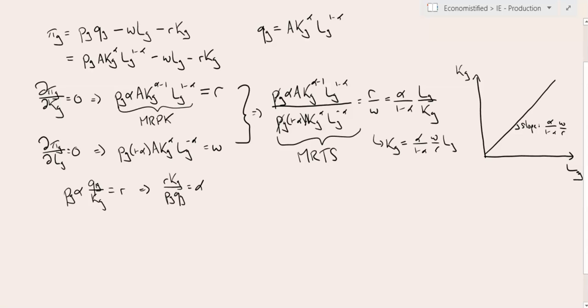And this tells us that on the left-hand side, total capital income relative to total revenue is equal to alpha. So it's just going to be a constant factor share.